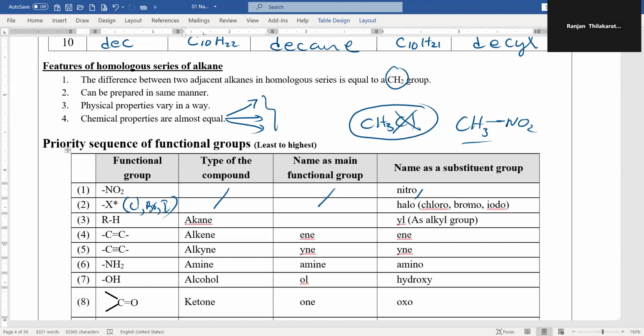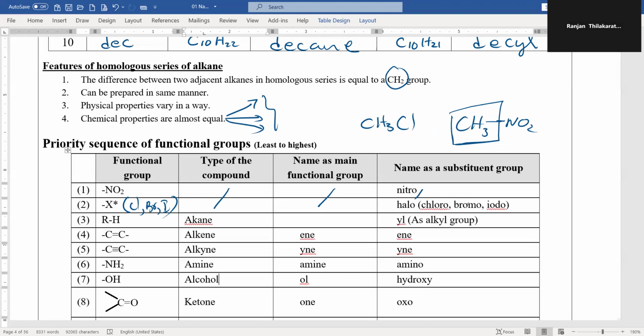Why is it called nitromethane? The substituent is nitro and the main chain contains only one carbon and it's a hydrocarbon having no double or triple bond. So it is called methane. So this is nitromethane. And this contains chlorine and methane, then it is called chloromethane. Why?